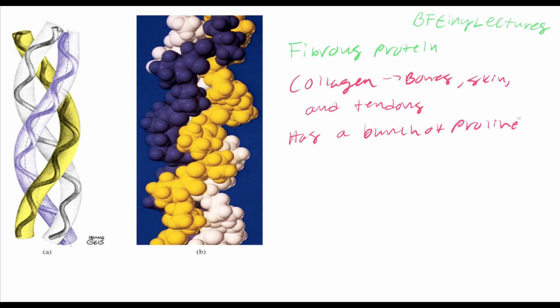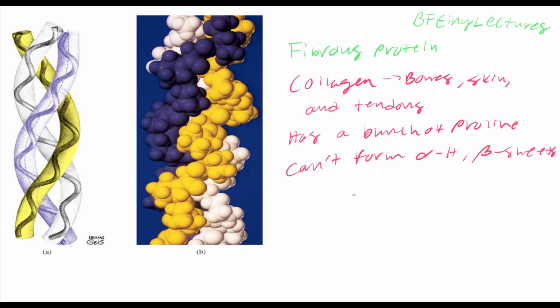Okay. So what does that tell us? It tells us that if you have an excessive amount of proline, you're not going to be able to form alpha helices or beta sheets because those are too big and bulky, okay? So collagen can't form alpha helices or beta sheets.